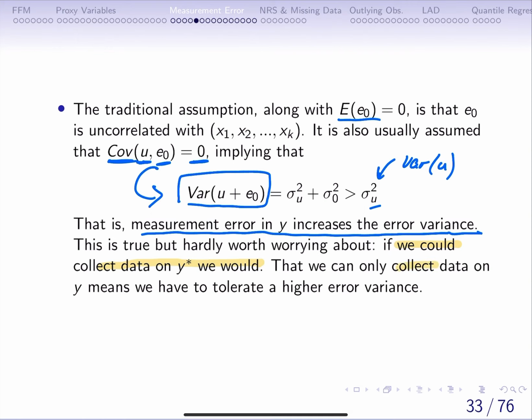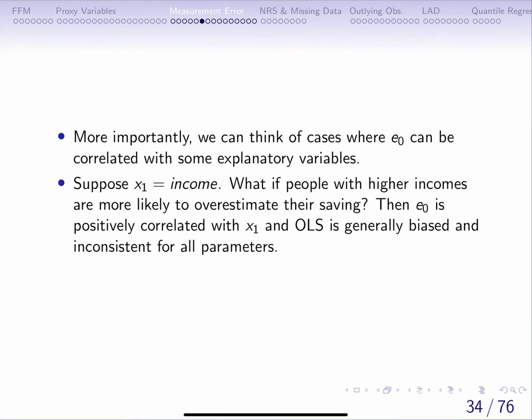We can only collect data on Y, and so that just means that there's a trade-off. We just got to tolerate this higher error variance.